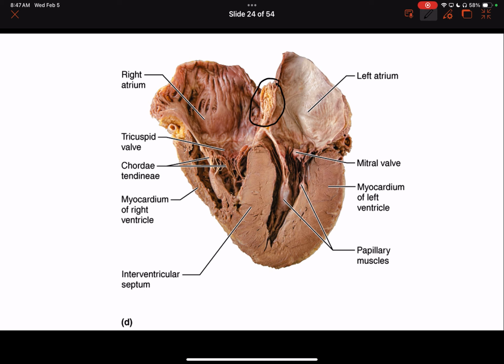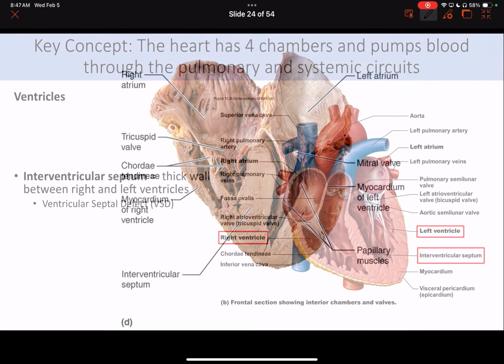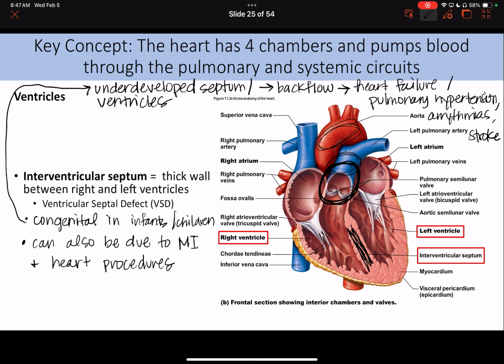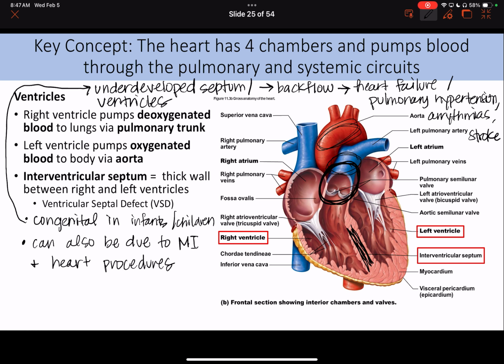On the exam, if I were to ask for the interatrial septum, I would put a sticker on the inside of the heart on one side of the wall, and I would give you context. I would say, what is the name of the wall that separates this chamber from the other chamber on the right or left, whatever it is. And then you would tell me it's the interatrial septum. So I'll give you context and questions like that. So we're good here?